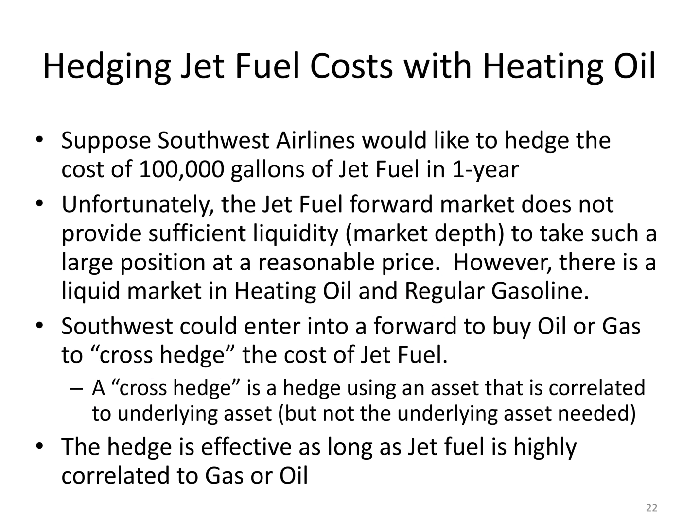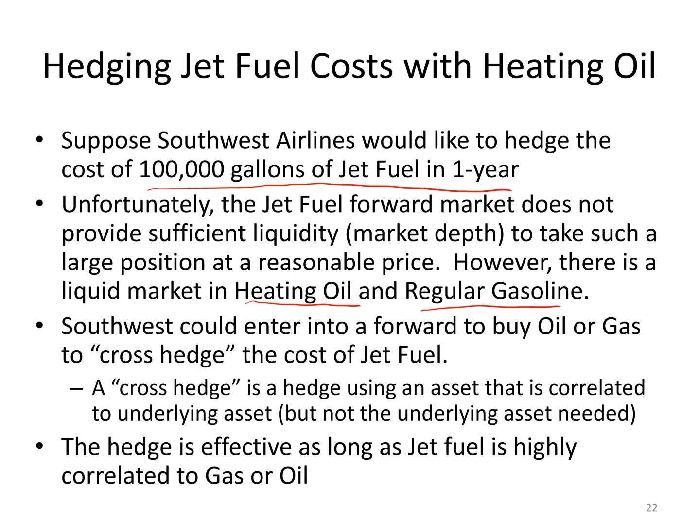Let's talk about a more interesting one, and this is called cross-hedging. Say Southwest Airlines would like to hedge the cost of 100,000 gallons of jet fuel in 1 year. Unfortunately, the jet fuel forward market doesn't provide enough liquidity. There's no counterparty out there to take that position. However, there is a very liquid market in heating oil and regular gasoline in the forward markets.